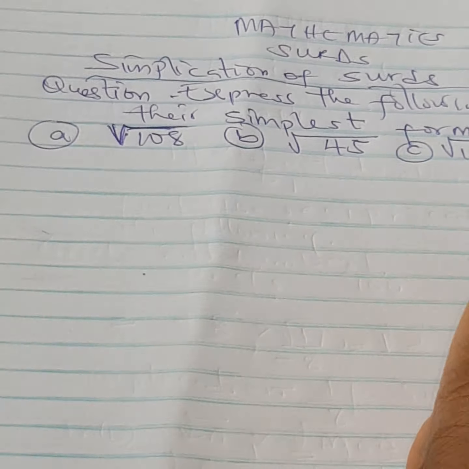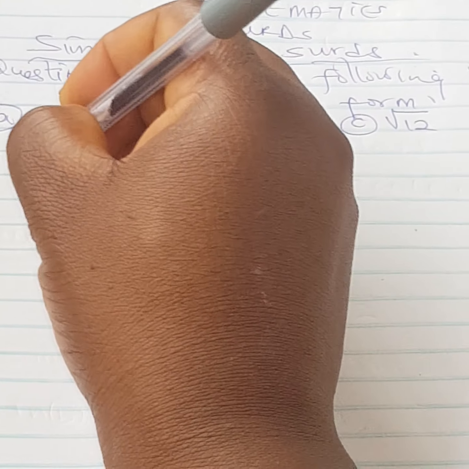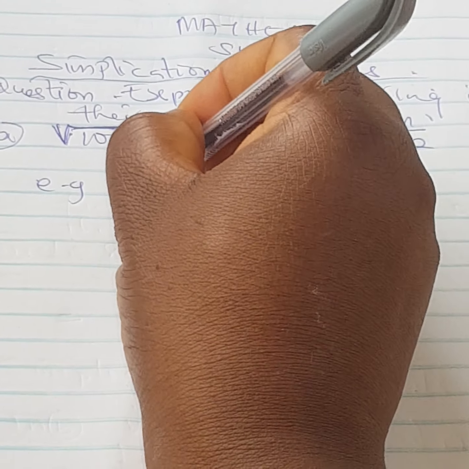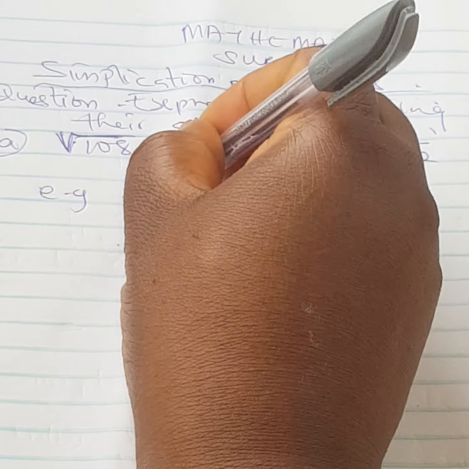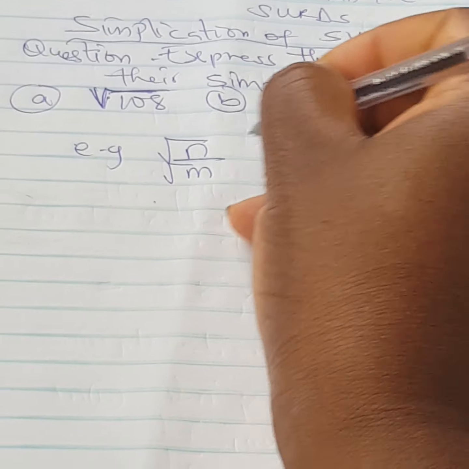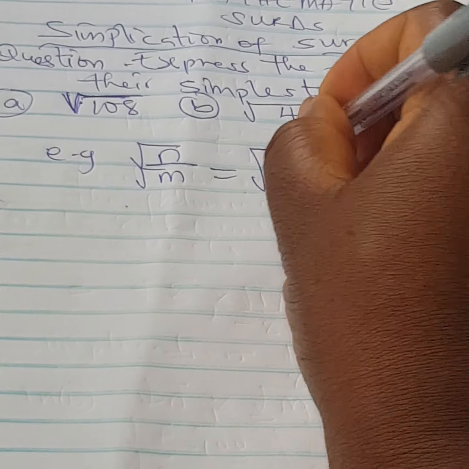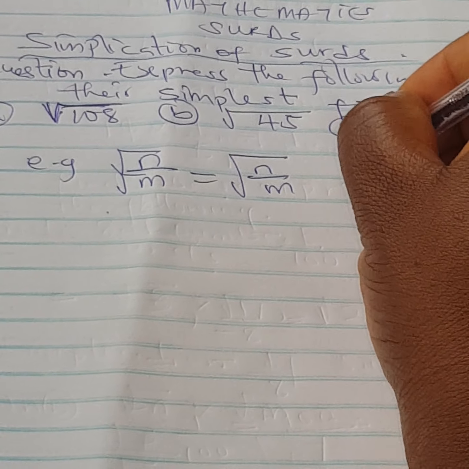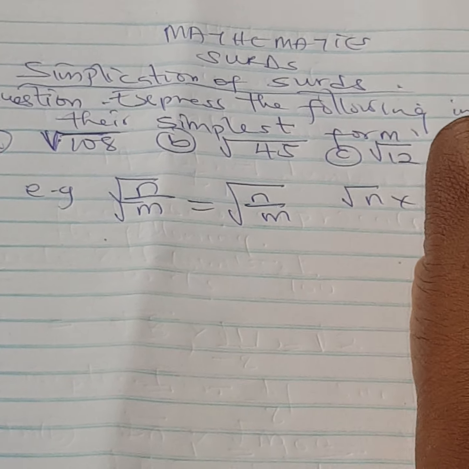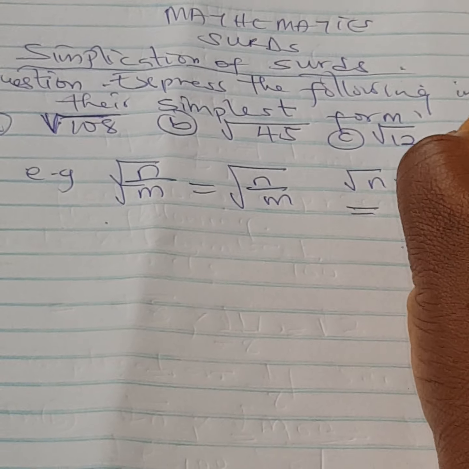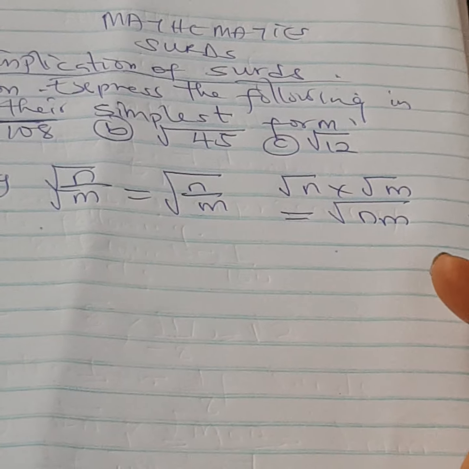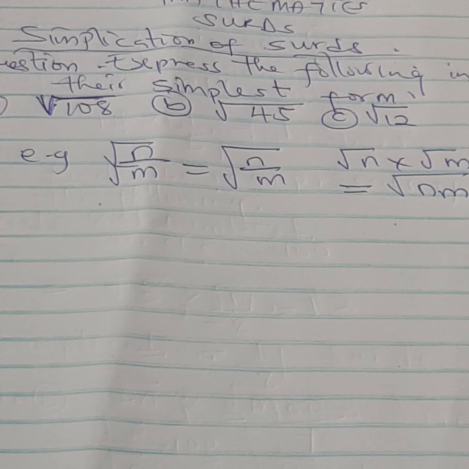Rule number one says, for example, root m over root n can be written as root of m over n. Then root n times root m can also be written as root of nm, can be written together.